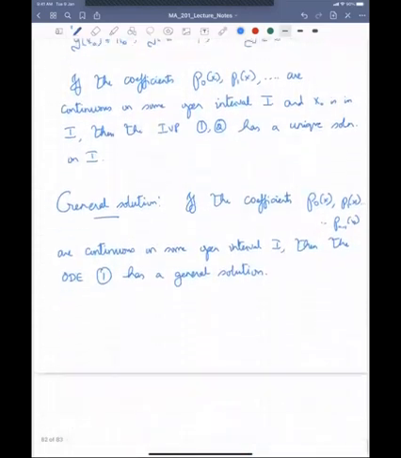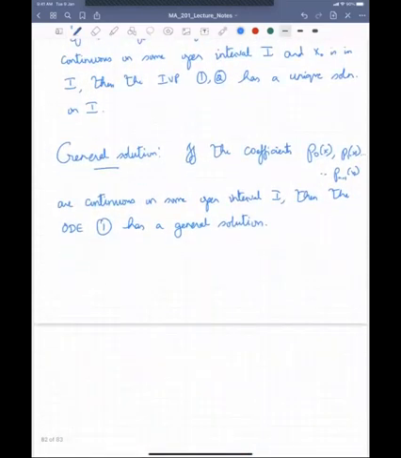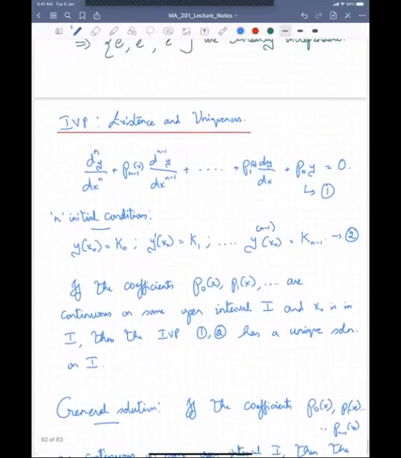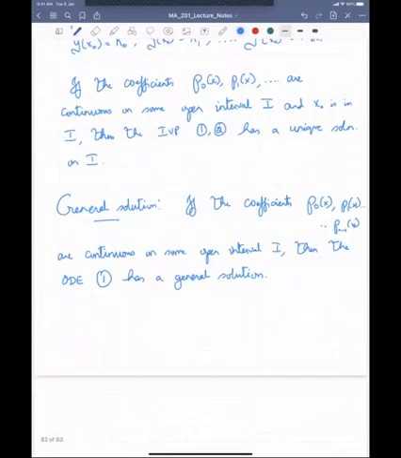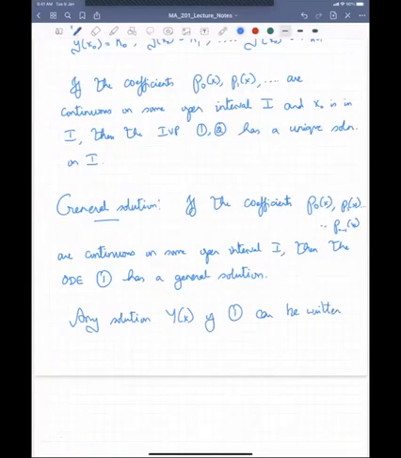Again, what do I mean by a general solution? I mean that it includes all possible solutions. In other words, if someone comes to me and says that they have found a solution y of x for this ODE 1, then any solution y of x of 1 can be written as a linear combination of the basis solutions.